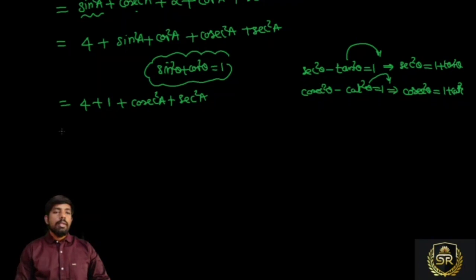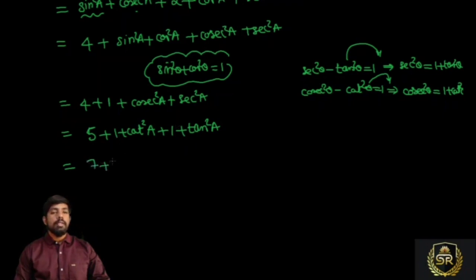So 4 plus 1 is 5, plus cosecant square a written as 1 plus cot square a, plus secant square a written as 1 plus tan square a. So 5 plus 1, 6, 6 plus 1, 7. So 7 plus tan square a plus cot square a.